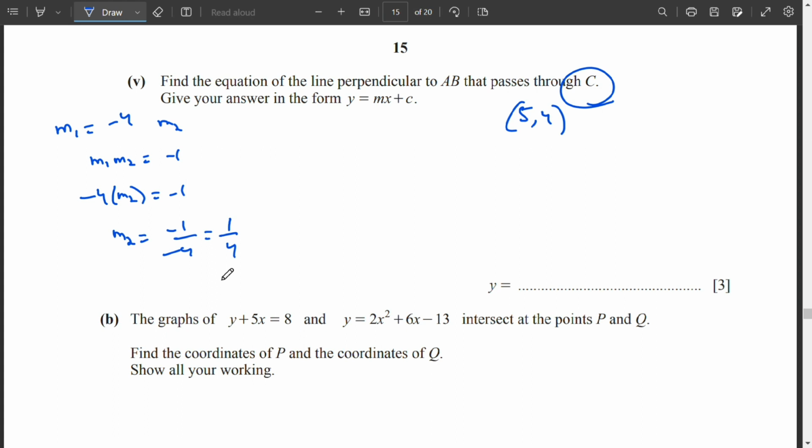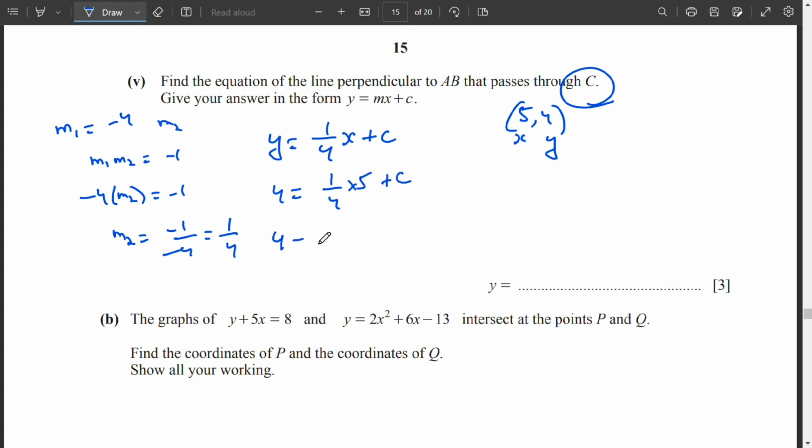So now see, the required line slope is 1 by 4. So y equals mx plus c, y equals 1 by 4 x plus c. We substitute the value of x as 5, y as 4 since it is passing through this point C, and we get the value of c. So y is 4 equals 1 by 4 into 5 plus c, so this is 5 by 4.